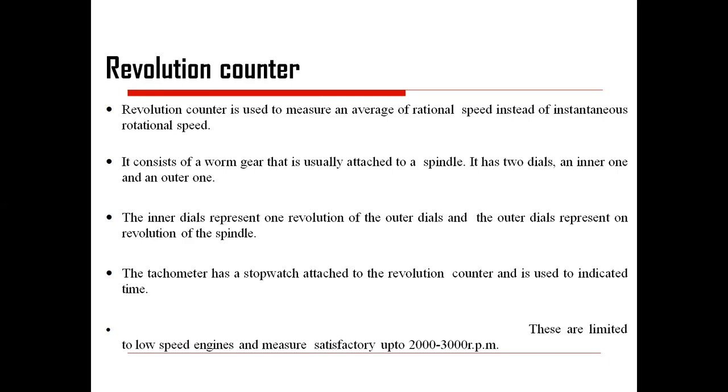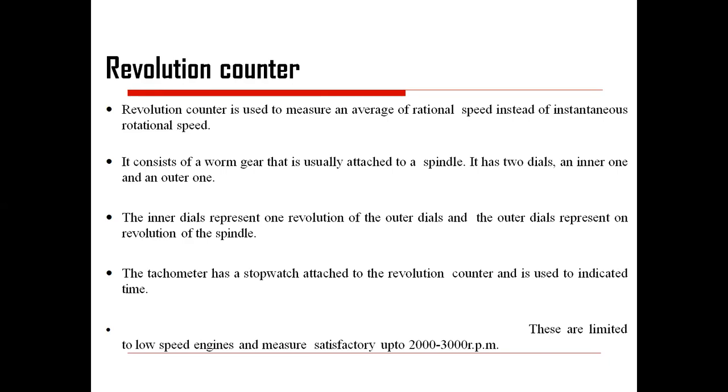This tachometer has a stopwatch attached to the revolution counter and used to indicate the time. One important thing to consider here is how many revolutions are counted for that particular time after connecting this revolution counter.